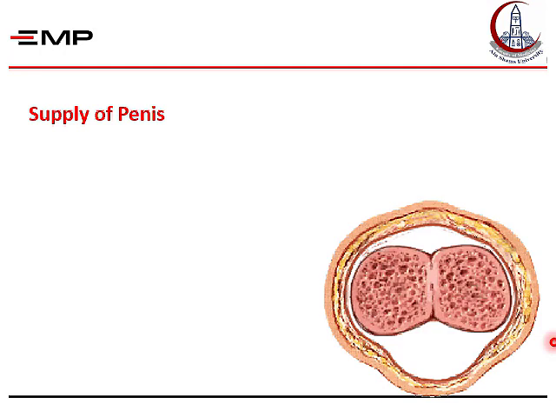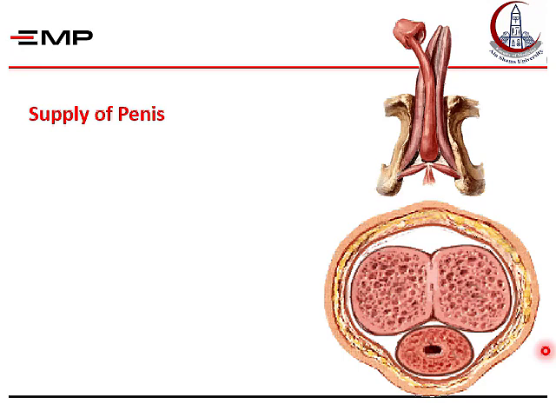Inside, the penis is made of three erectile long structures. Two corpora cavernosa, which are fused together in the middle, having a septum between them, and one corpus spongiosum below.